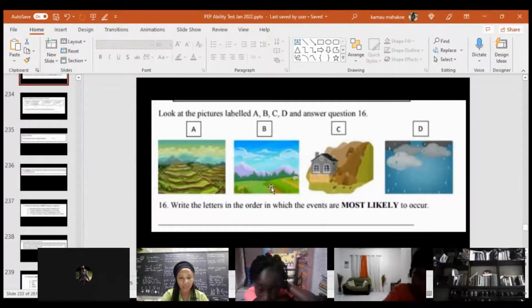And what happens after that? The rain starts to fall. And then it causes a landslide or mudslide, whichever one you want to use. And then the mud slides down the hill. So that would be B, D, C, A. That would be the order there.